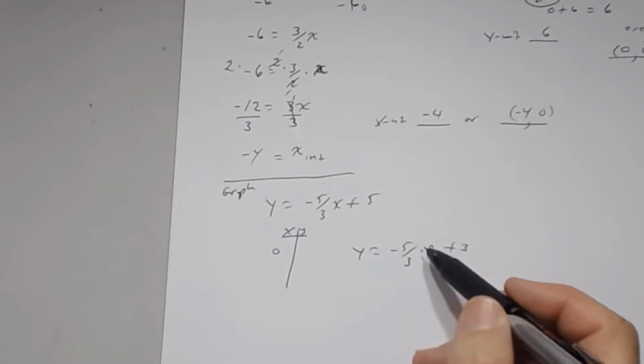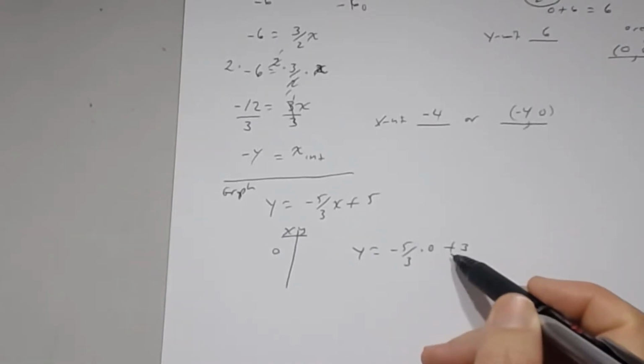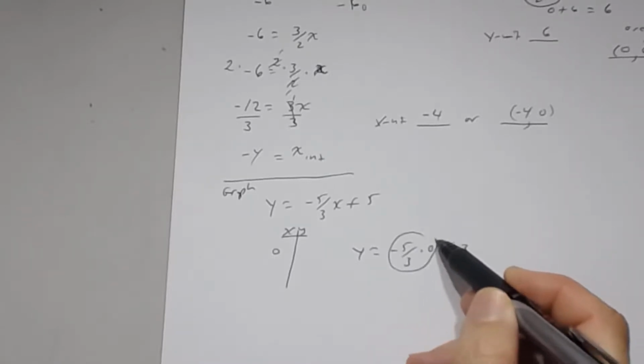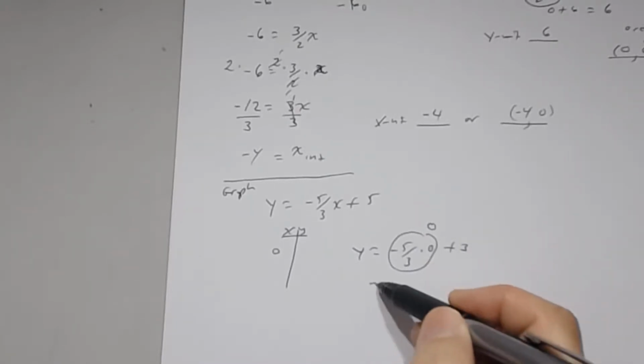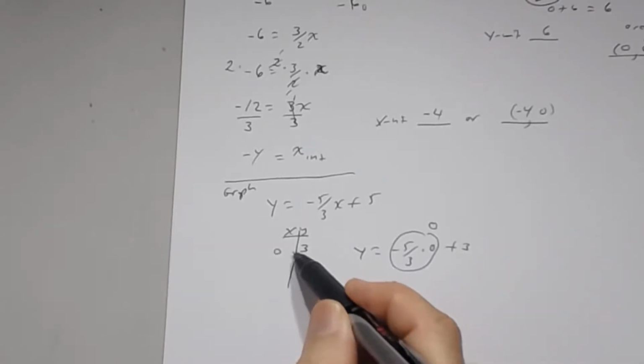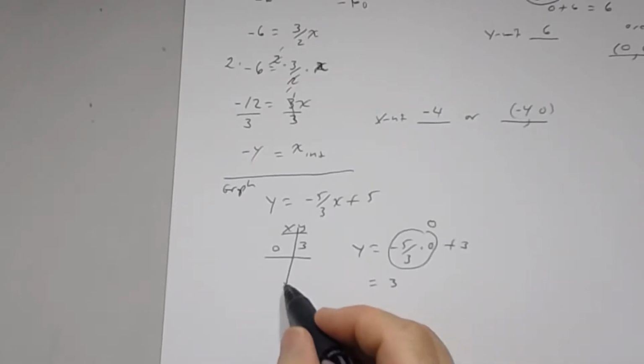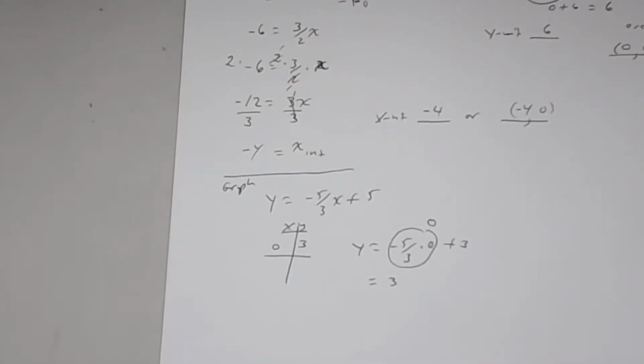So in this particular case, I am finding the y-intercept because I'm letting x equal 0. Remember order of operations, I have multiplication and addition. I do multiplication first. Negative 5/3 times 0 is 0. 0 plus 5 is 5. So plot the point 0, 5. All right, and then remember, make things easy on yourself. Don't end up dealing with fractions or decimals if you don't need to.